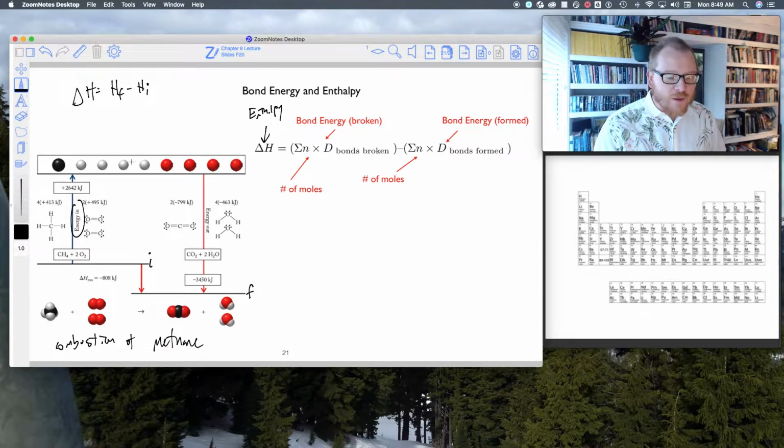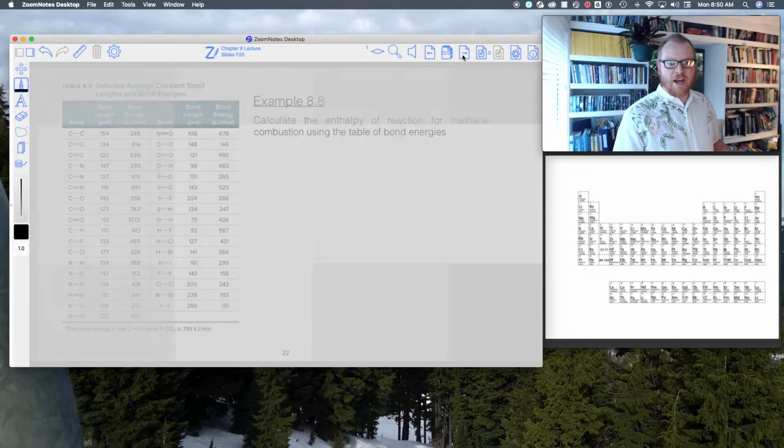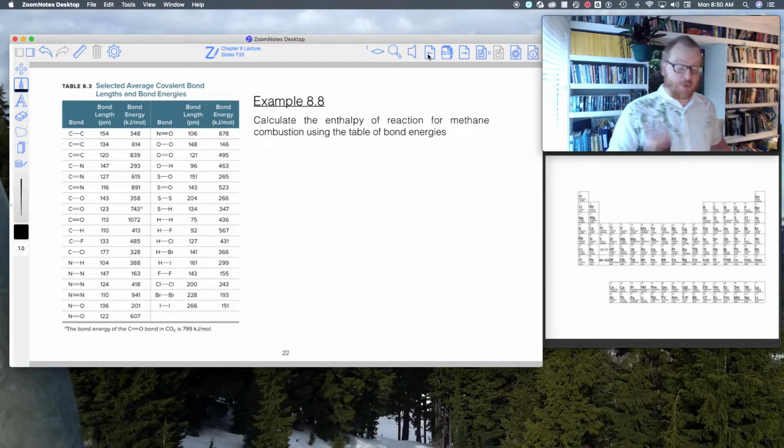That gives us all of our available atoms. As it turns out, the chemistry is a little bit more complex than that. But all the same, when all of these bonds are formed, specifically 2 carbon-oxygen bonds and 4 oxygen-hydrogen bonds, that releases a ton of energy. If we compare the energy in to the energy out, that gives us our delta H, negative 808 kilojoules per mole. I'm going to walk you through that as a sample calculation.